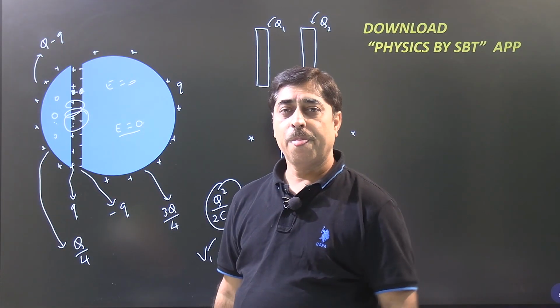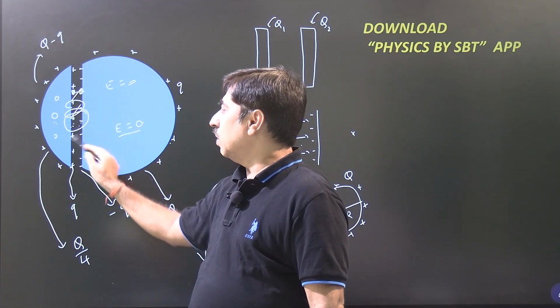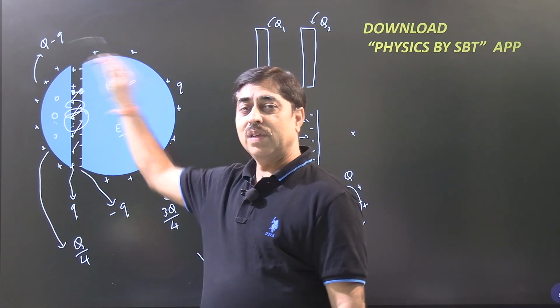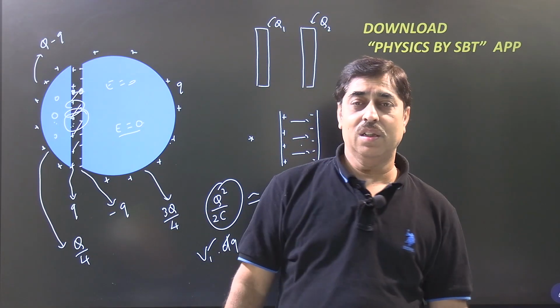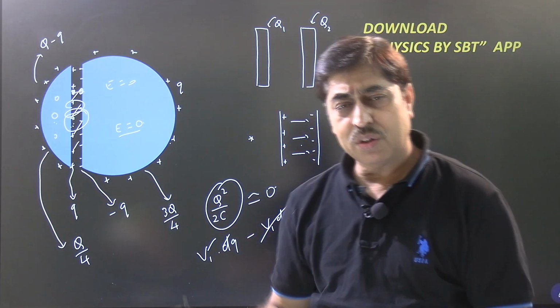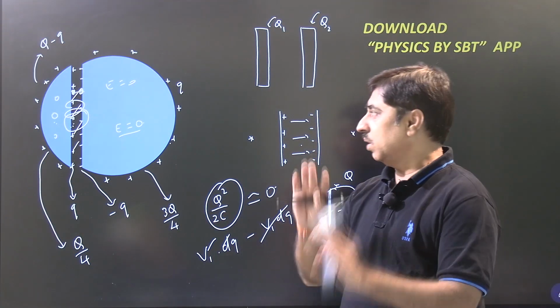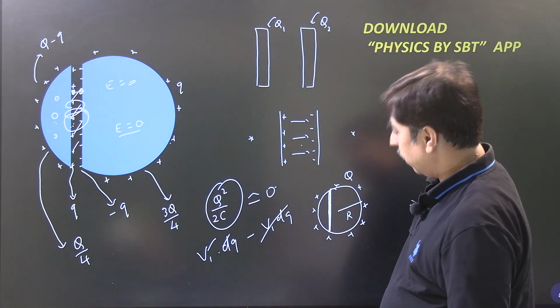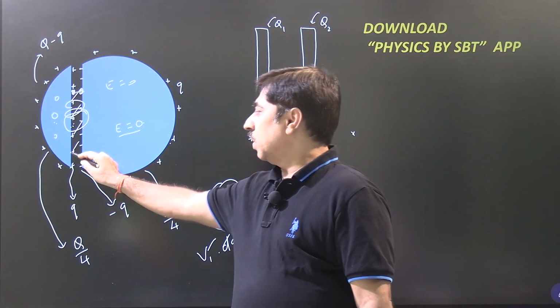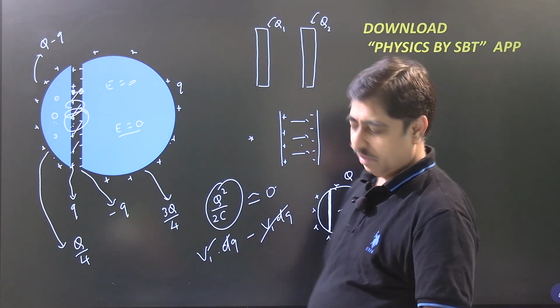So, if these charges are not experiencing any kind of force due to these charges, obviously on the surface of a sphere, the charge will spread uniformly only. So, the charge on the surface is uniform. I have written how much charge is present here. I have told you how much charge is present here.